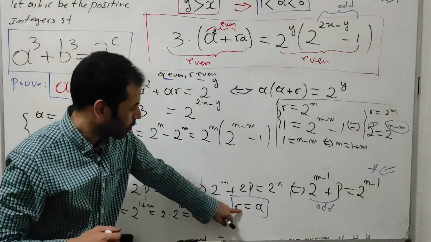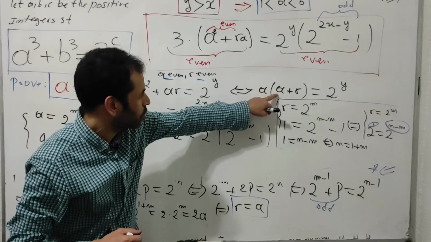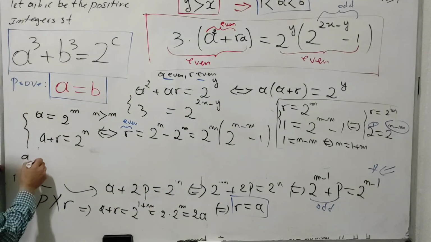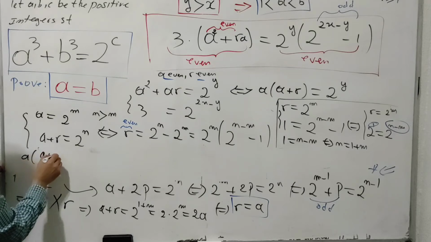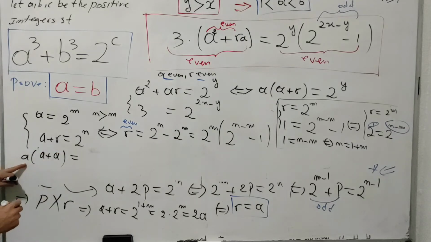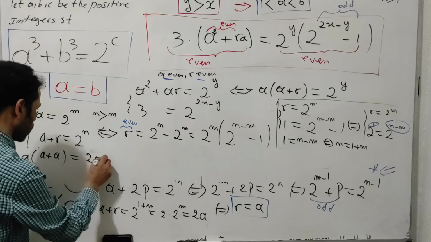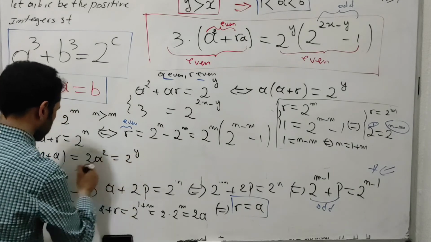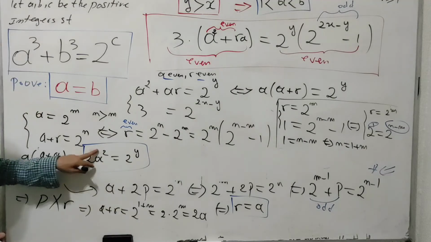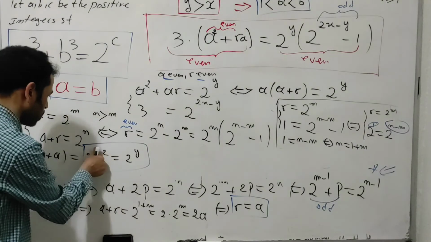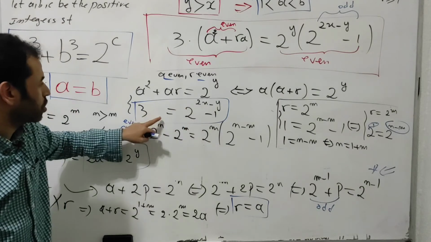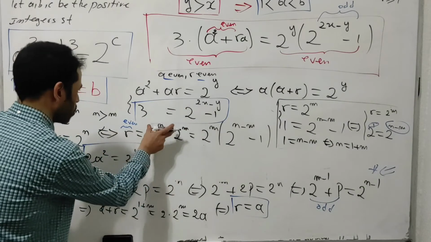Now I'm going to take this value of r and replace it into this equation. So we'll have a multiplied by (a plus a). This is given as 2a multiplied by a, which is 2a squared, equals 2 to the y. I'm going to keep this expression for a moment. I'm going to find the relationship between y and x by using this equation.